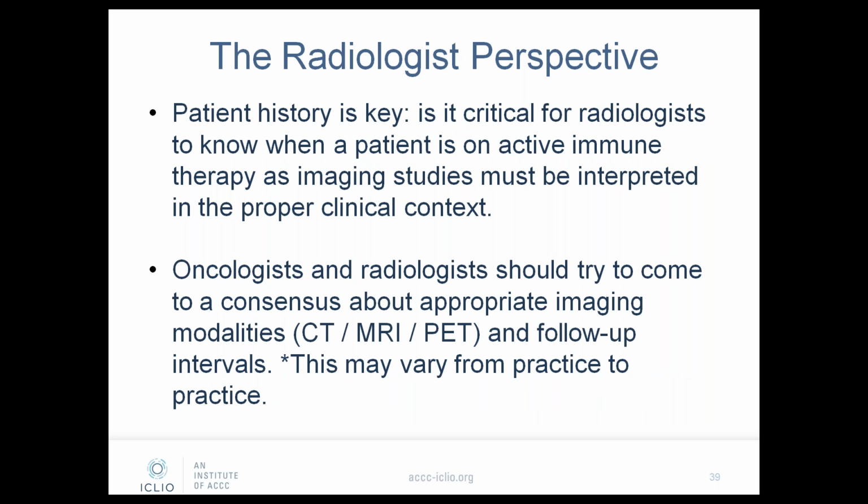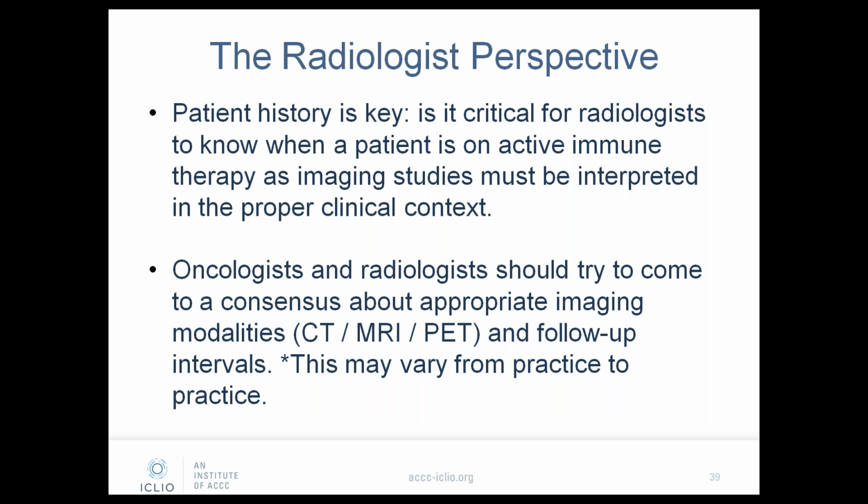We find it very important as radiologists to have a very good history. So when a patient is on active IO therapy, we need to know that, because if we don't, we'll call it disease progression, and that'll be the wrong reading to provide our clinical colleagues.